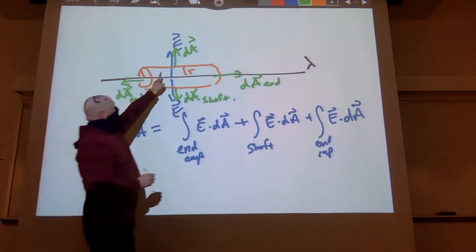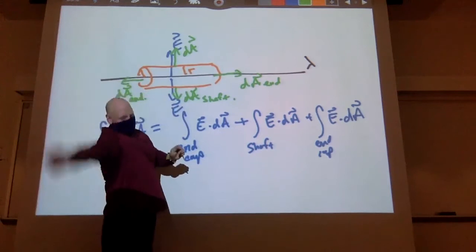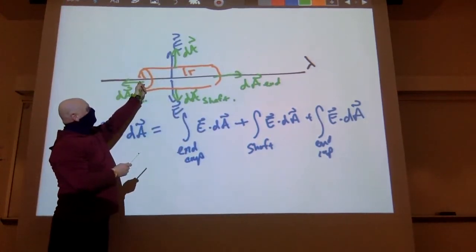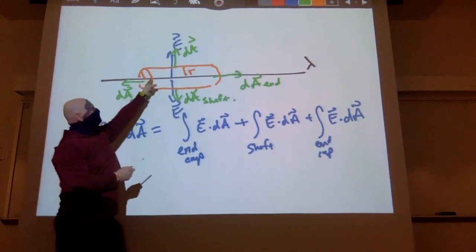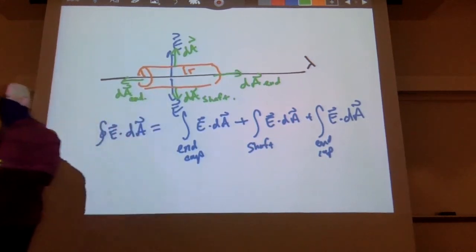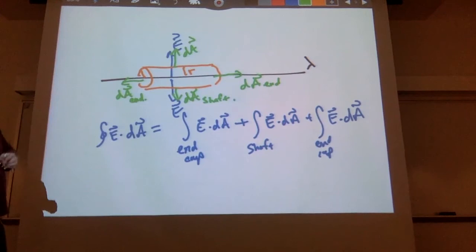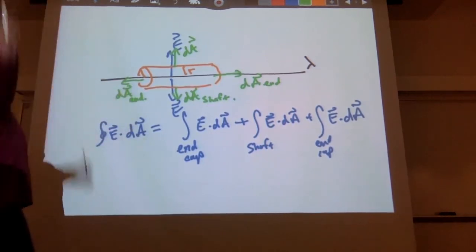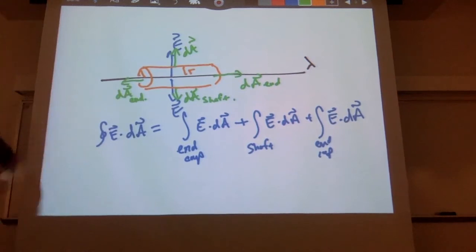Again, we know the electric field only points radially outward, so the electric field is doing this. How does this dA compare to the direction of the electric field? My E is doing this, but my dA is out this way. What's the angle between the two? 90, right?